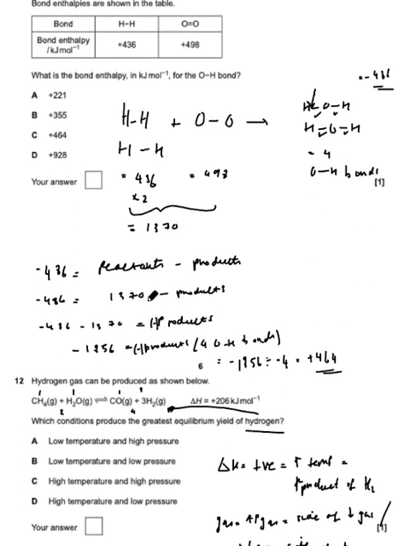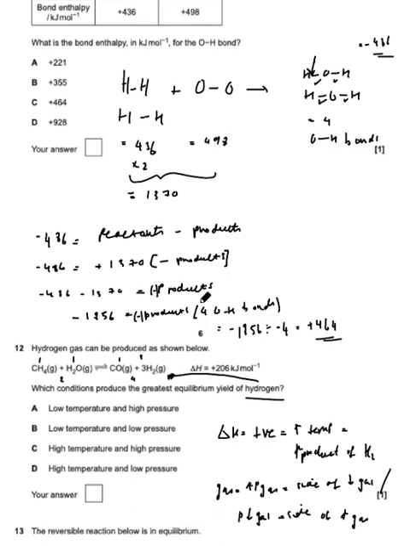So we want to get the products, so we're going to take the 1370 to the other side, and because this is a plus, we take it to the other side, and so it becomes negative. So minus 486 minus 1370 will give us the products. However, note that the minus is still here. It belongs to the products. So don't forget the sign.